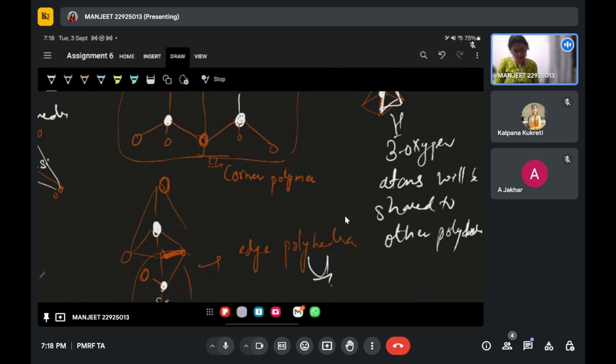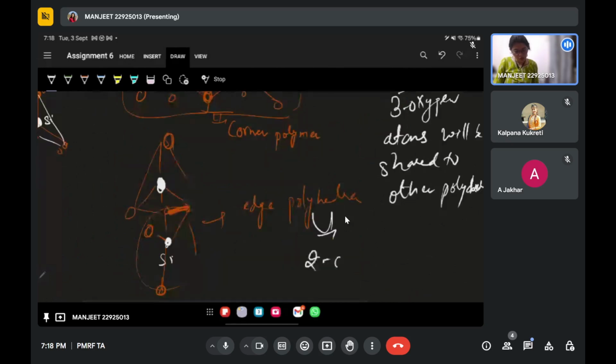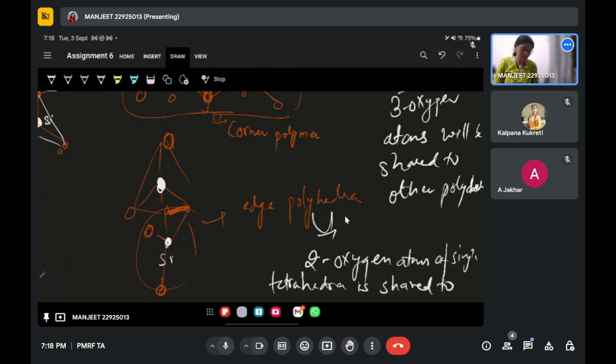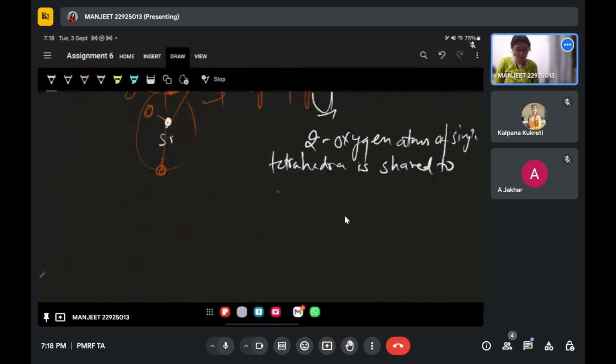In the edge one, two oxygen atoms of a single tetrahedra are shared with the other tetrahedra.